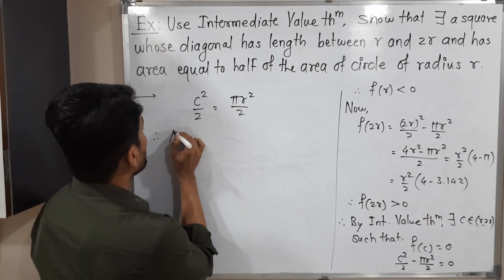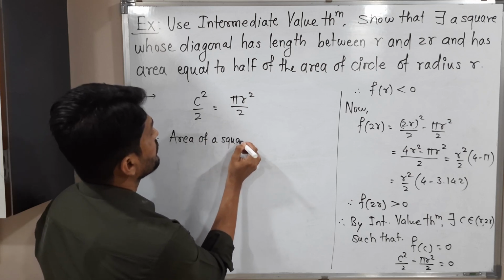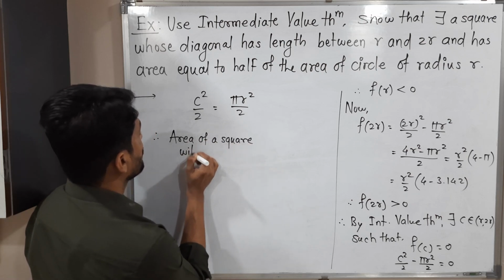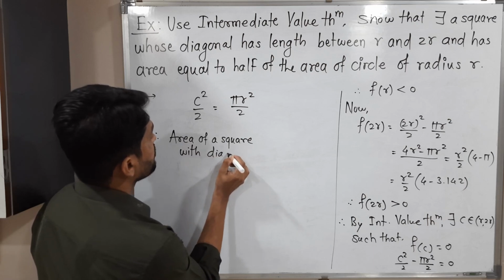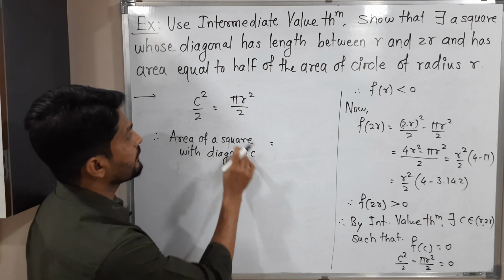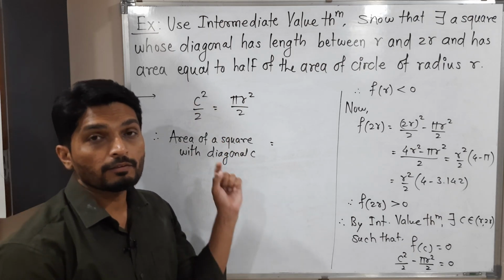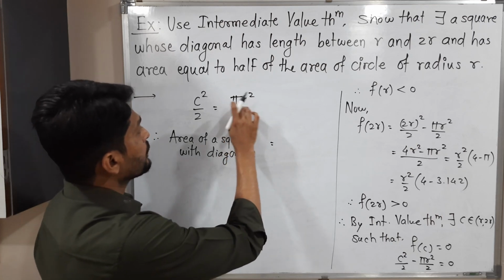So therefore, area of a square with diagonal c. Okay, so if the diagonal of the square has length c, then its area will be c square by 2, which is equal to pi r square by 2.